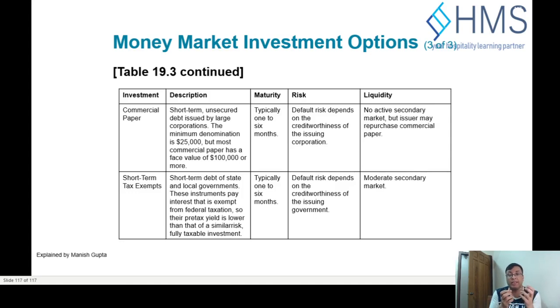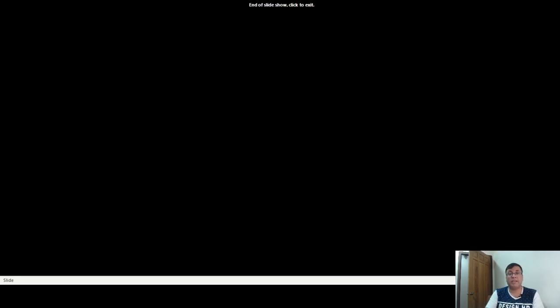Normally they run from 1 day to 10 days to 1 month or 6 months. Usually they are quite flexible. So whenever you are choosing the mode of your investment, you need to make sure that you are able to sell it immediately. You should not have to wait 1 day, 2 days, or 10 days to get the money back. So that's how you will invest the money.